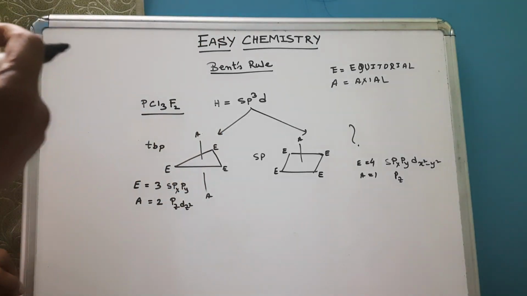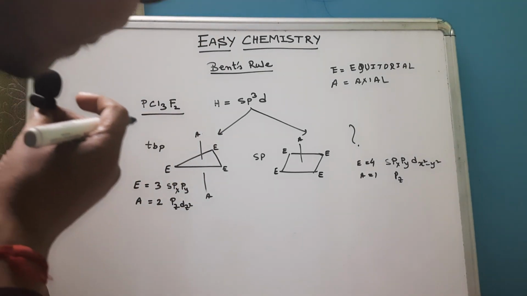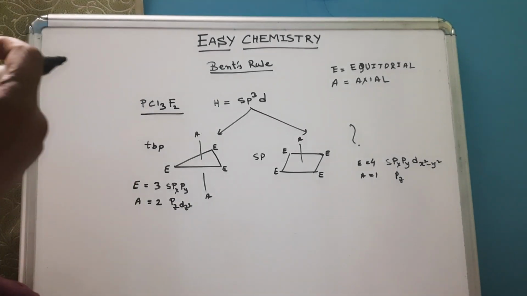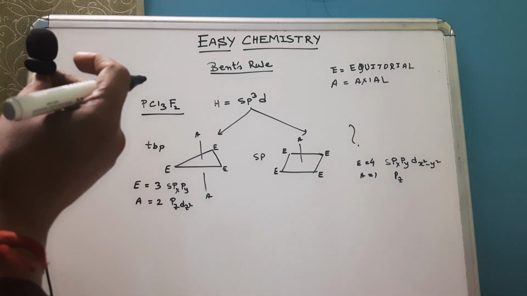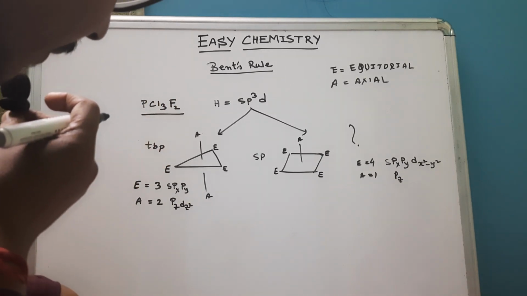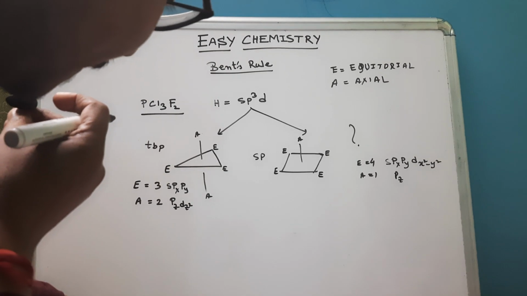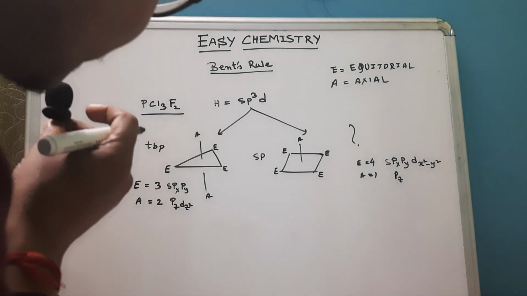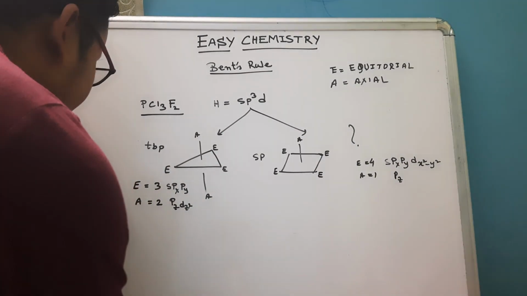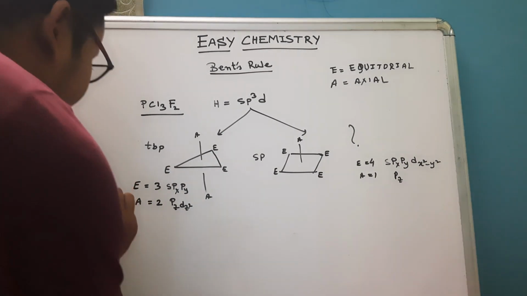Now look here. Bent's rule says the central atom projects the hybrid orbital of greater p character. So here, the percentage of p character, how much?